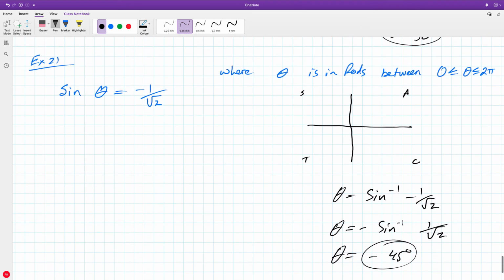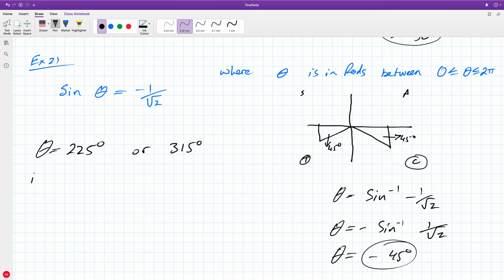So where is sine negative? T and C. So 180 plus 45 degrees, and you're going to take away 45 degrees over here. So 180 plus 45 is 225. Theta is equal to 225 degrees, or 360 minus 45 is 315.